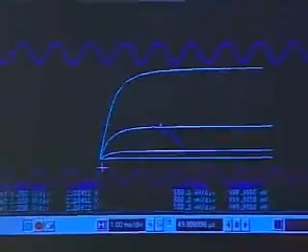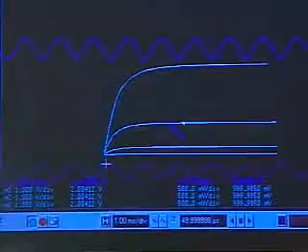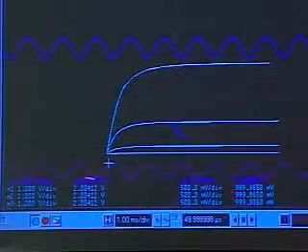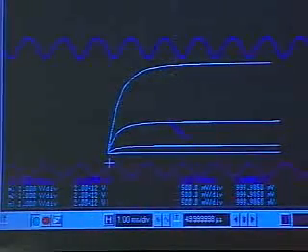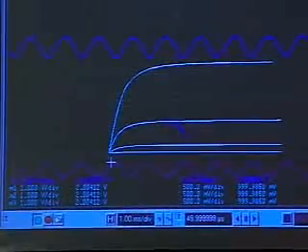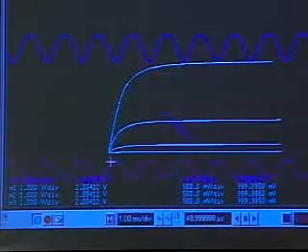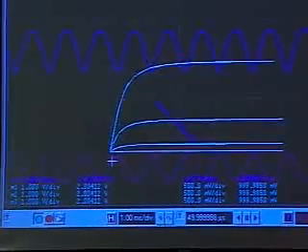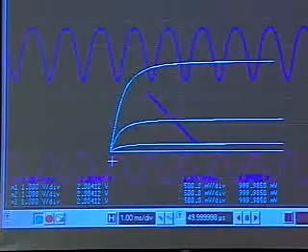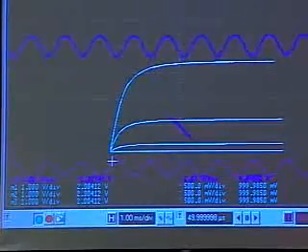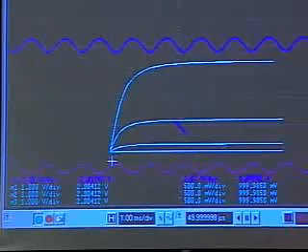Notice this is the region of the load line articulated when the input is of this magnitude. Now, let's have some fun. As I increase my input, you can see that a larger portion of the load line is articulated, right? There you go. And as I decrease my input, a smaller region of the load line is articulated.